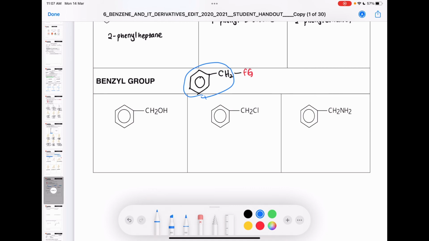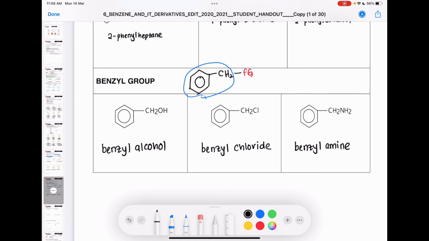For the first one, we name it benzyl alcohol because we have OH. This one is benzyl chloride because we have Cl there. And this one is benzyl NH2, it is an amine, so benzyl amine. There you go, how to name the benzyl group.